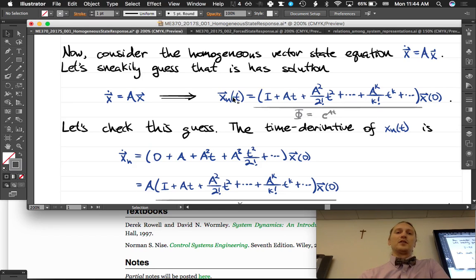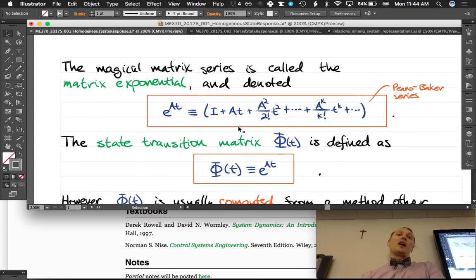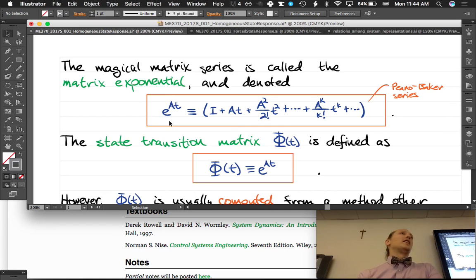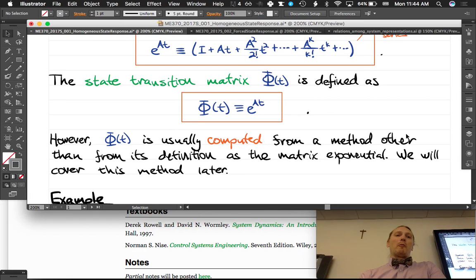So it's just phi, the state transition matrix, times the initial condition. That is the solution. Okay. Now, we don't necessarily know how to compute e to the AT other than this big series, right? But we know the definition, so that's the start.